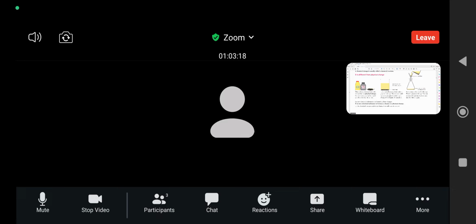Here we have taken a sulfur bottle and an iron filings bottle. If we mix this sulfur with iron, this is a physical change, because by adding sulfur and iron, I don't get any new substance. No new substance has formed.